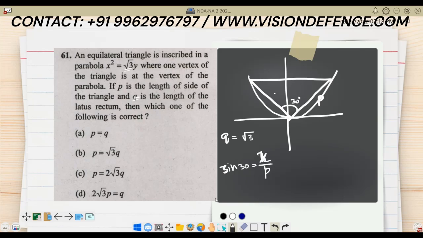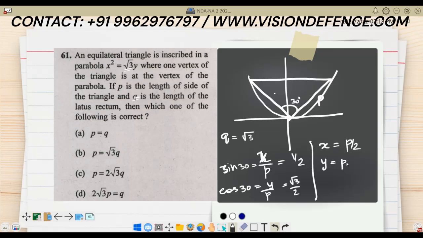And then cos 30 is going to be y by P. Adjacent side is on the y-axis. So sine 30 is equal to 1 by 2, and cos 30 is equal to root 3 by 2. Fine. So with this we can write x equal to P by 2, and then y is equal to P into root 3 by 2.